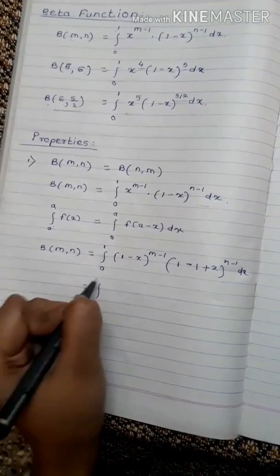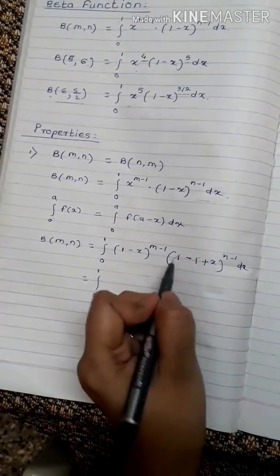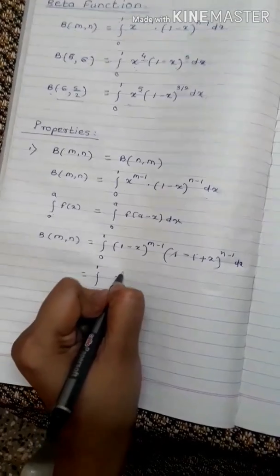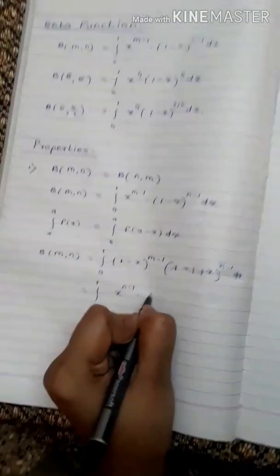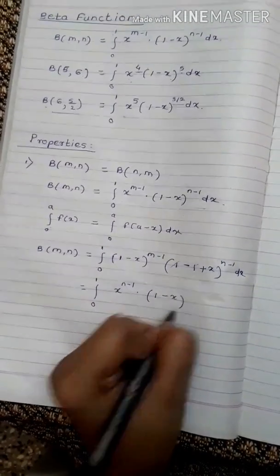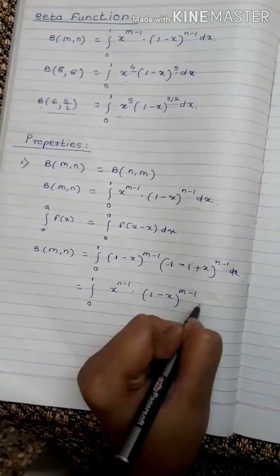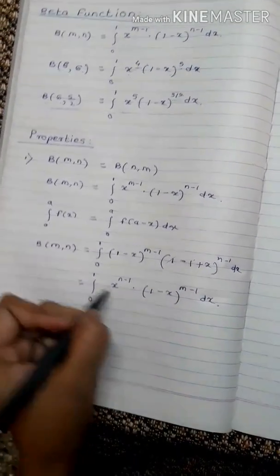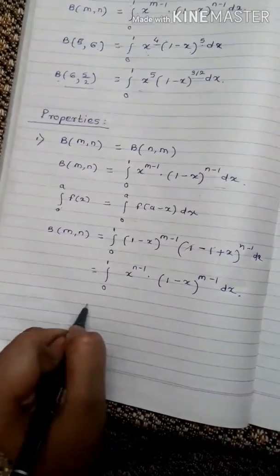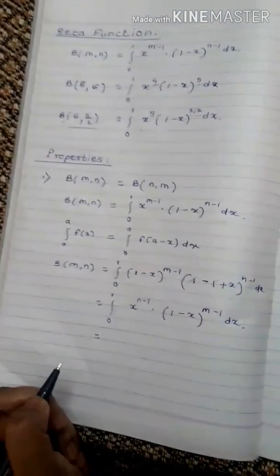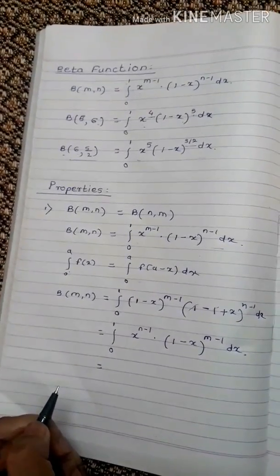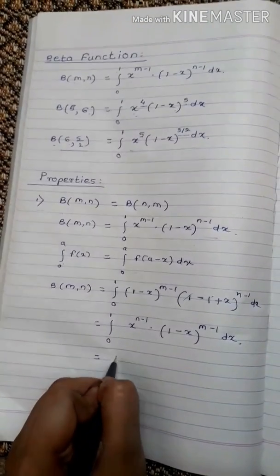Let's simplify this a little bit. The 1 gets cancelled, and the remaining part is x to the power n minus 1 into 1 minus x to the power m minus 1 dx. Now if I compare this with the definition of beta, what is it?